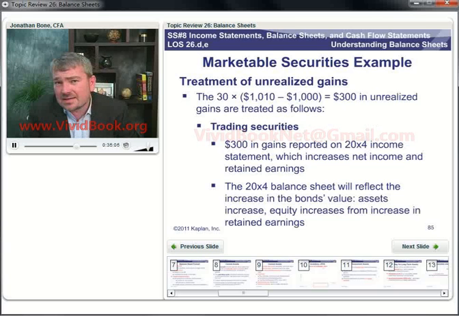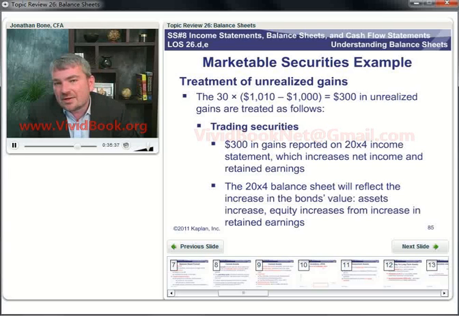Now, what about these unrealized gains and losses? We bought them at par, but at the end of the first year, they were sitting there at $1,010. So they've got a $10 piece of appreciation, 30 bonds, so we've got a total $300 unrealized gain. Now, if they're trading securities, of course, we'll record each of the bonds in the balance sheet at $1,010, and we'll take the unrealized gain of $10 per bond, i.e. $300 in total, and it will go through our income statement.